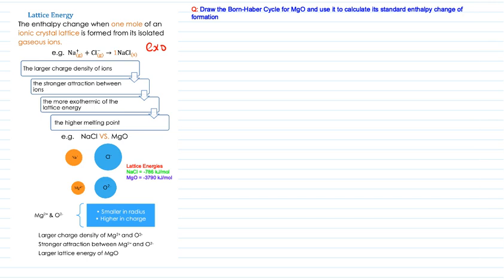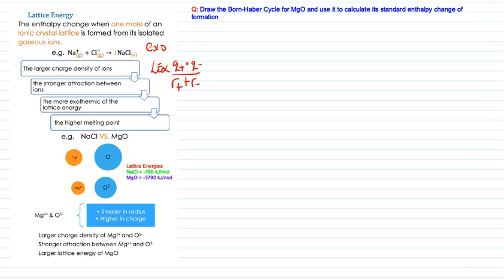Okay, so factors which affect lattice energy. Lattice energy is directly proportional to the product of charges divided by the sum of ionic radius. So the bigger the charge, for example, Q plus is the cationic charge, Q minus is the anionic charge, then R plus is the cationic radius and R minus is the anionic radius.